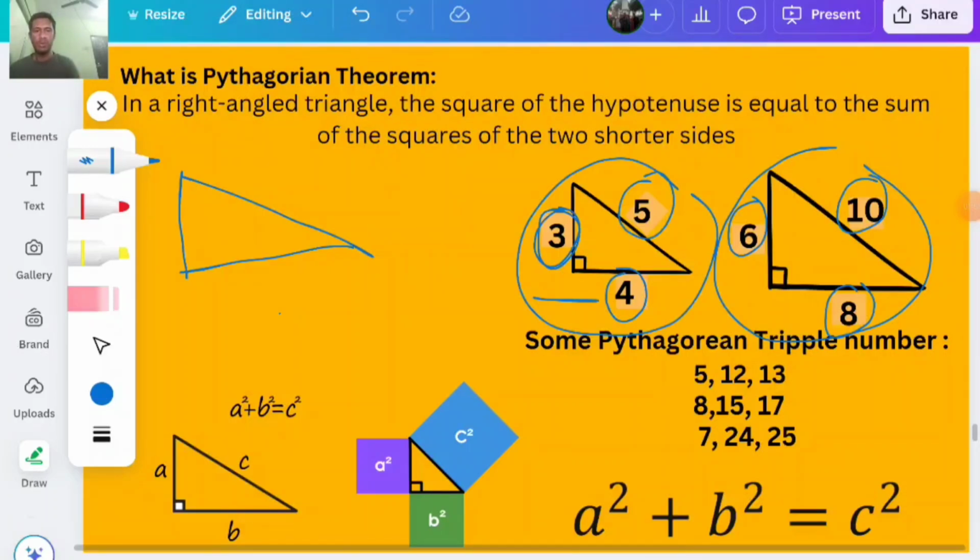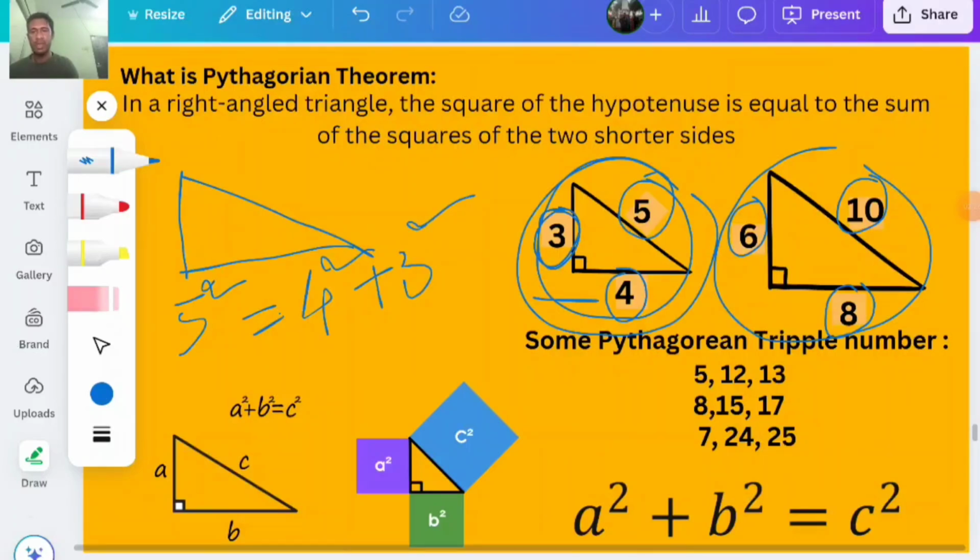When we think of this type of triangle 3, 4, 5, the square of the hypotenuse, 5 square, equals 4 square plus 3 square.